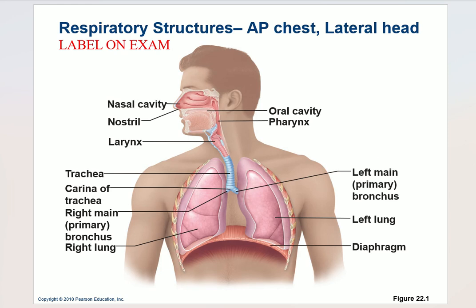The epiglottis ensures that anything that you're eating or drinking doesn't go down into your larynx, doesn't go down into your trachea. So think about it as you're swallowing and you're trying to breathe at the same time, your body's going to get confused. And that's when you can get choked on a piece of food or a crumb or something.